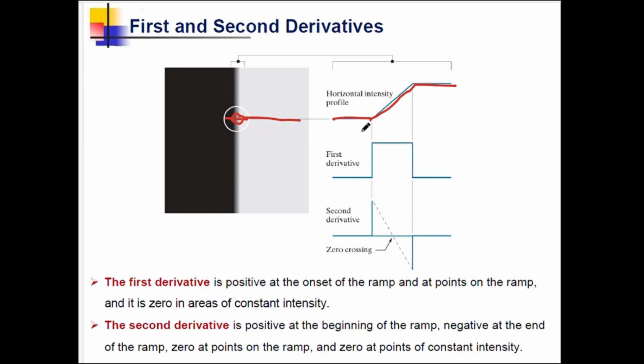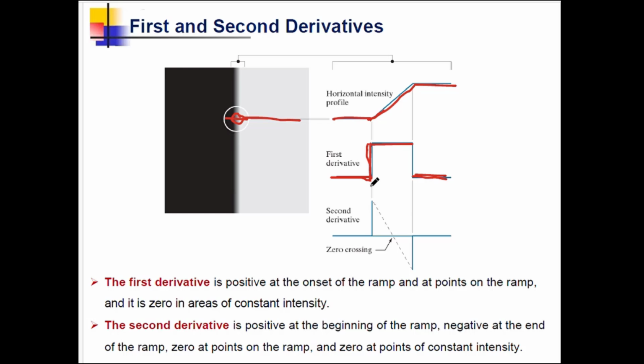See, this is constant intensity and this is constant intensity. That is the reason it is 0. Whenever the ramp starts, it is going positive, and along the ramp also it is positive. In the constant regions, it is 0. That is about the first derivative.